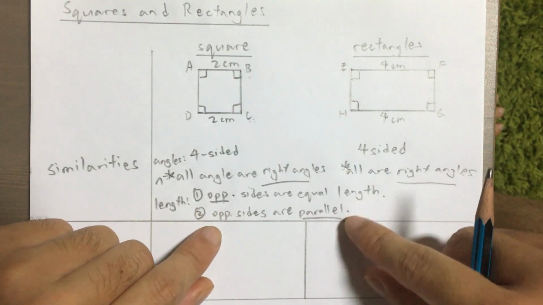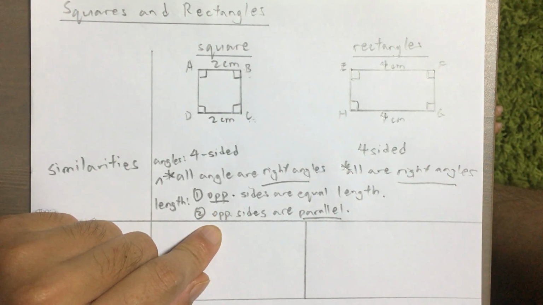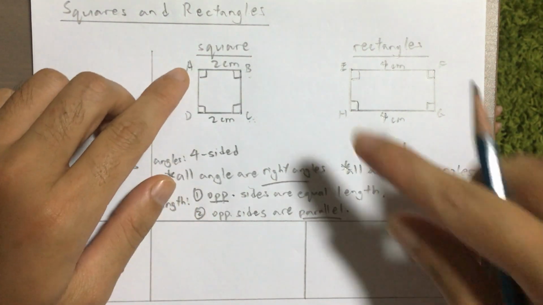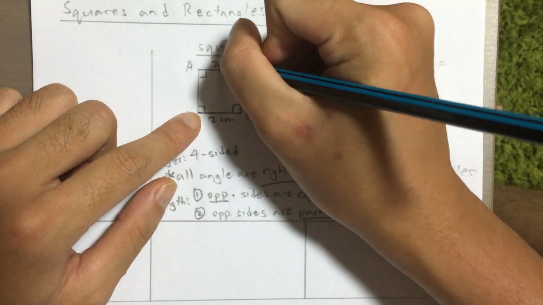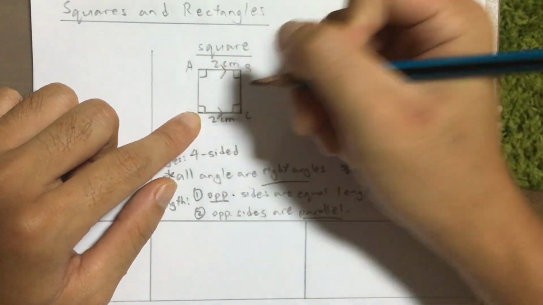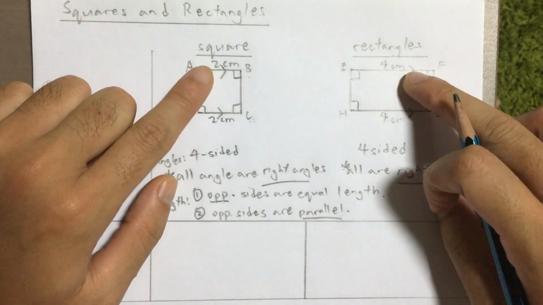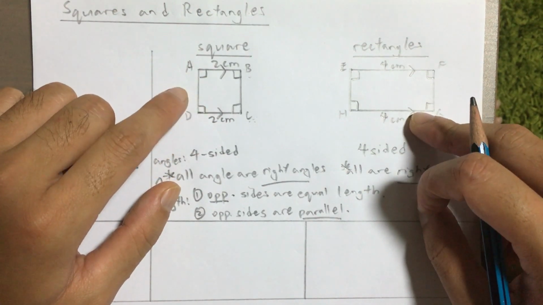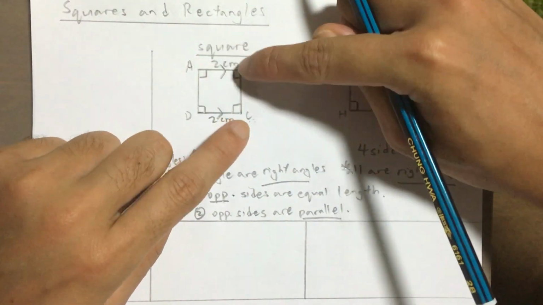How about this? Opposite sides are parallel. Remember, parallel lines are lines that never meet and are an equal distance apart. So you realize that opposite sides are parallel. I can use an arrow to represent that they are parallel. Let's look at another pair of opposite sides, AD and BC.